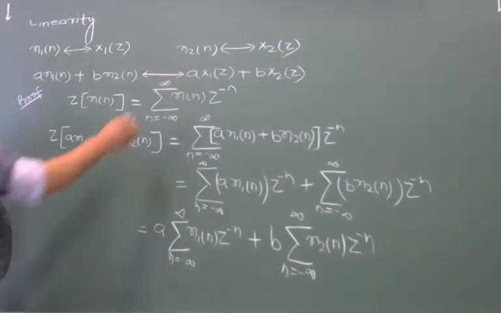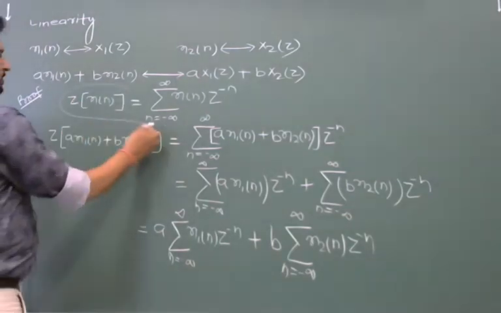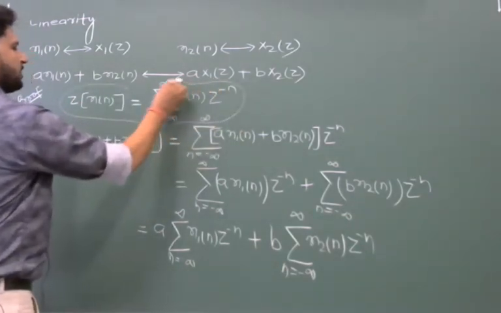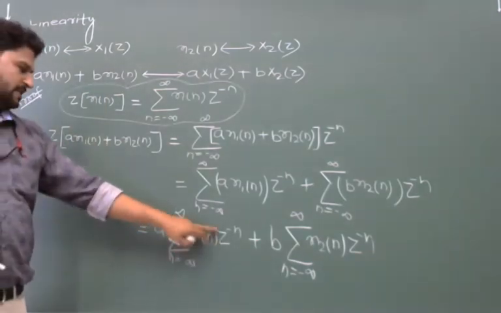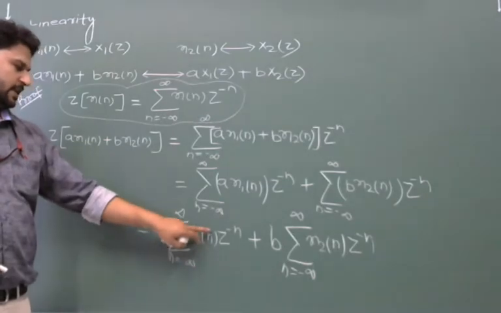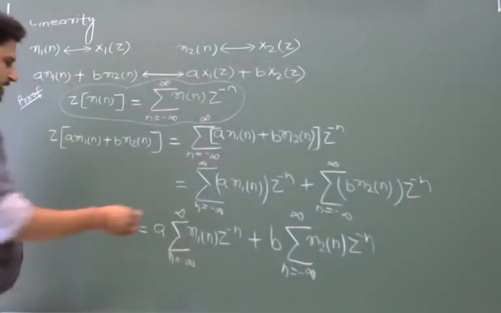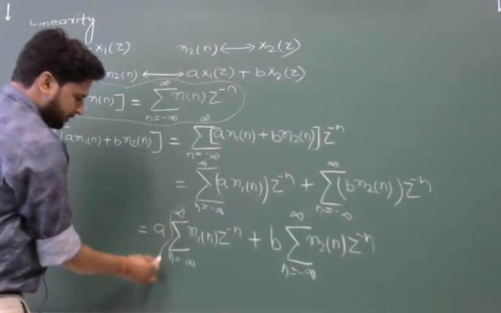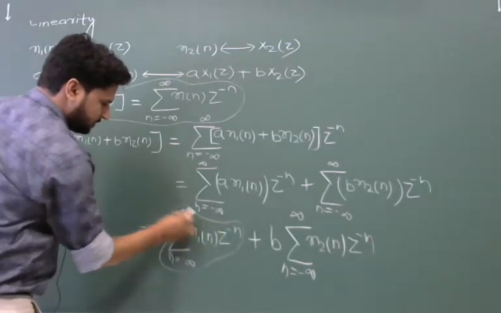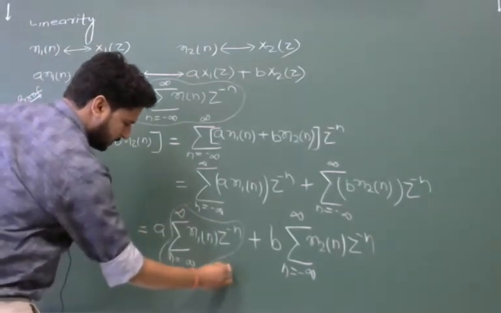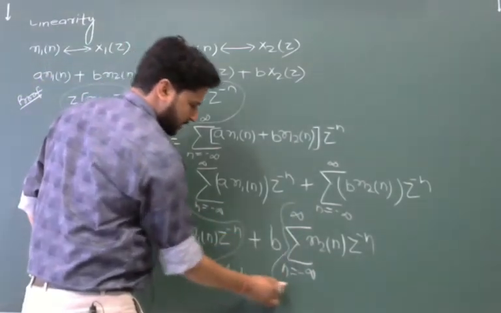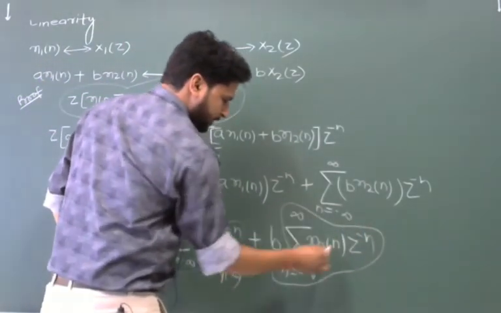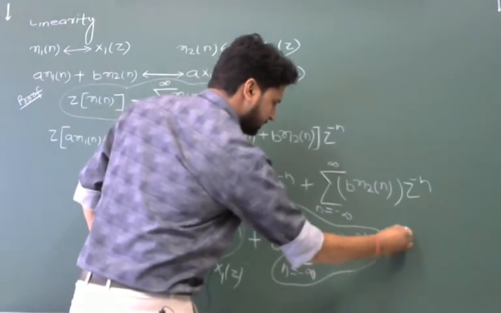And from the definition of Z transform, because in place of x of n it is written x1 of n, this is the Z transform of x1 of n, which is equal to X1 of z, and this term will be equal to X2 of z.